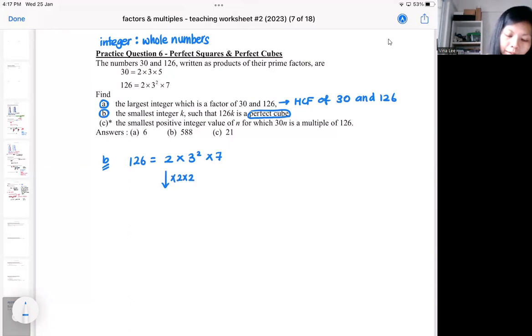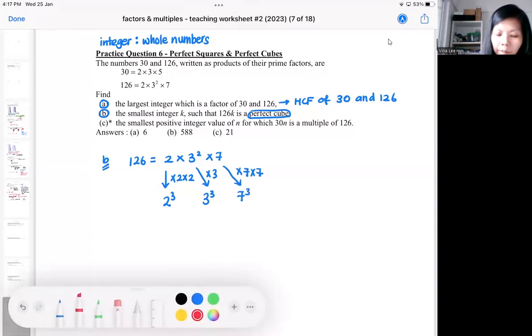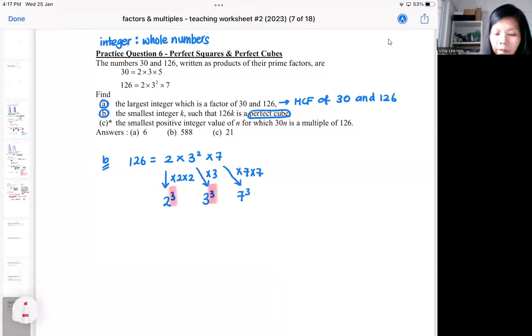So I'm going to do that. I get a 2 cube. I multiply by 3, I get a 3 cube. I multiply by 7, I multiply by 7, I get a 7 cube. So I multiply so that all my powers can be divided by 3.